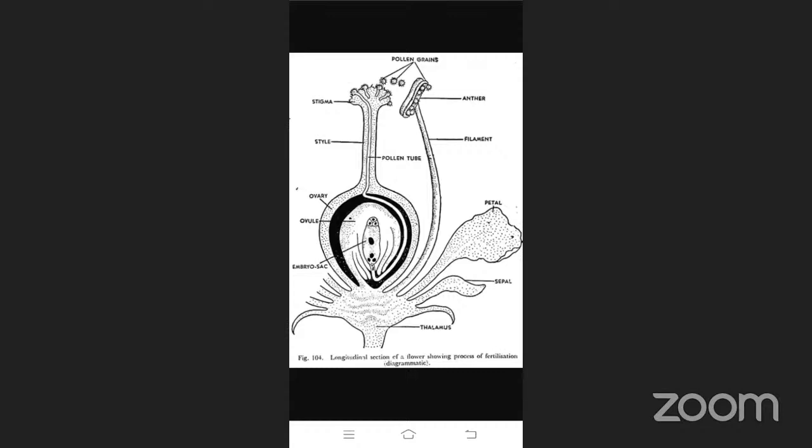The closure is due to a stimulus exerted by the pollen when they are in sufficient number.